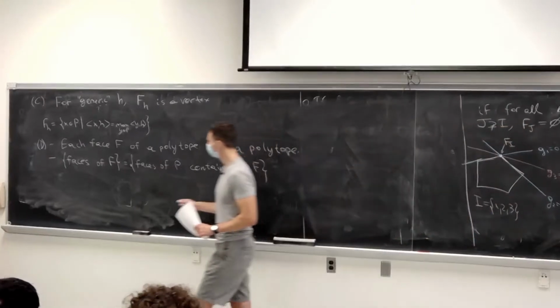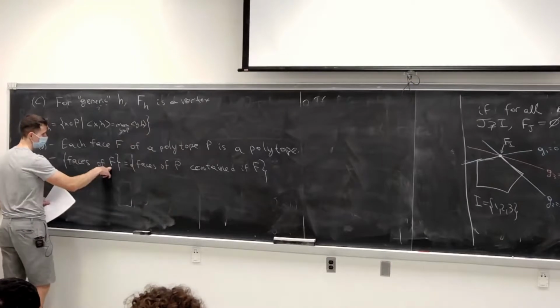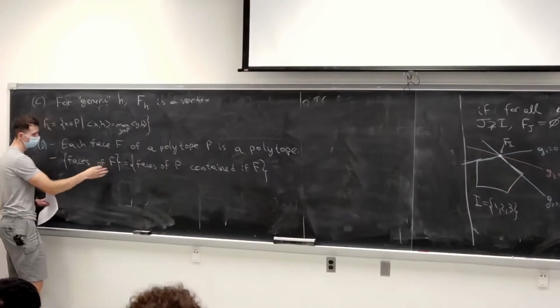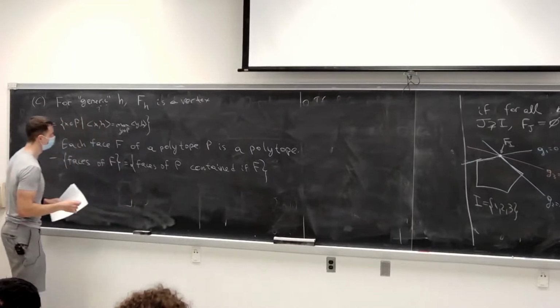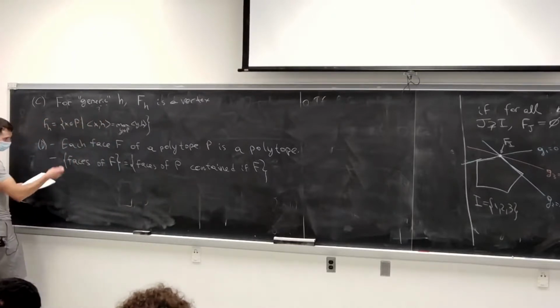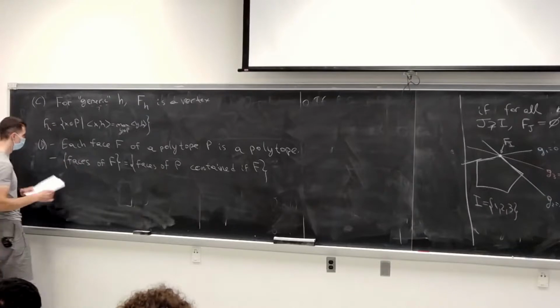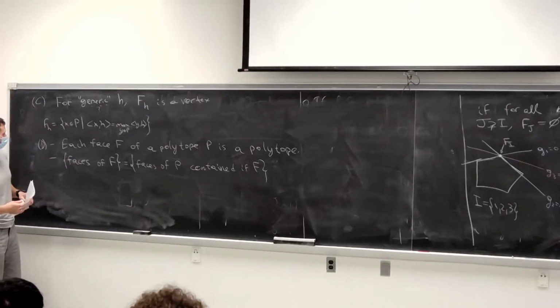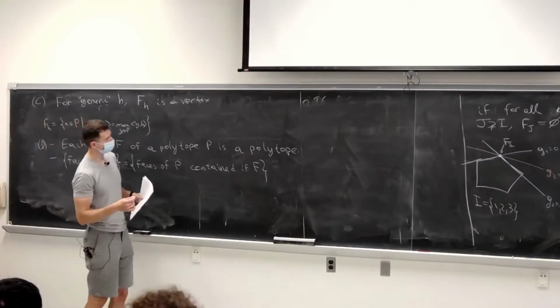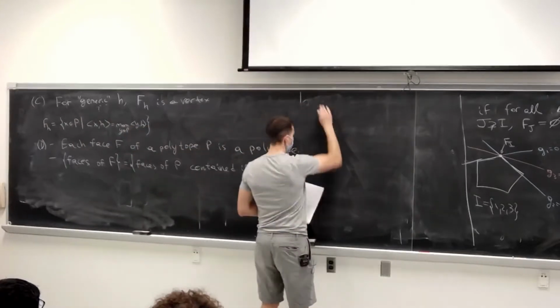So if P is an H polytope, then it's easy to write down the inequalities for F, and then the faces are given in terms of those inequalities. So that's actually good. But in terms of V polytopes, again, that's non-trivial. Okay, so you're saying no, because, yeah, that's actually a good question.